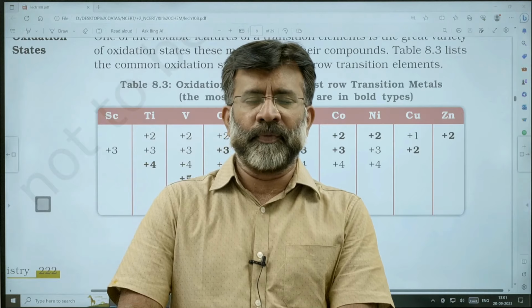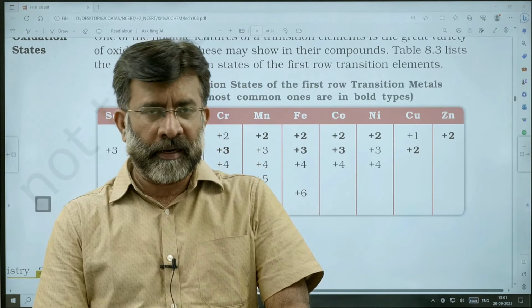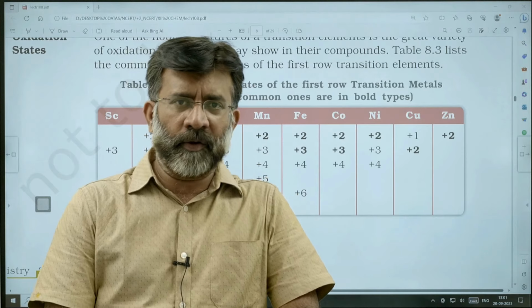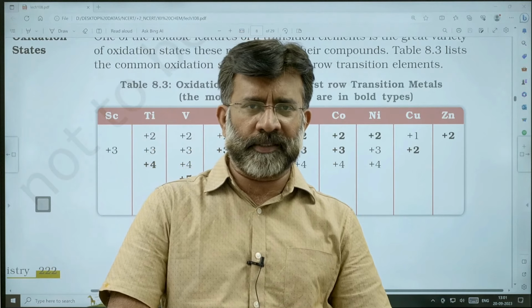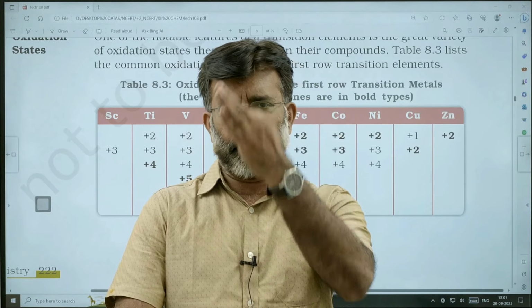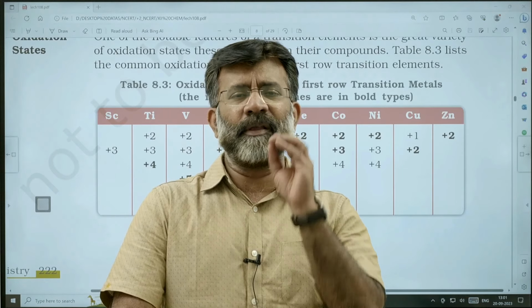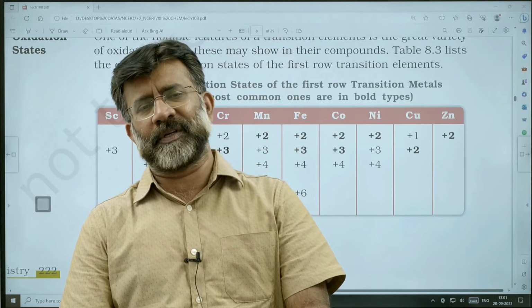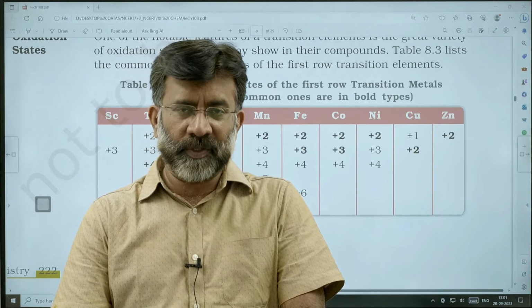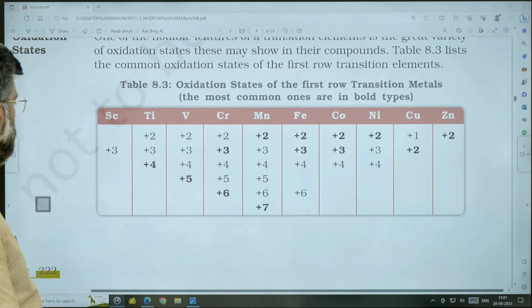That's a typical characteristic of transition elements. They are well known for their colored compounds, paramagnetic behavior, and catalytic activity. These are all important characteristics of transition metals, of which the most important one is their oxidation state.